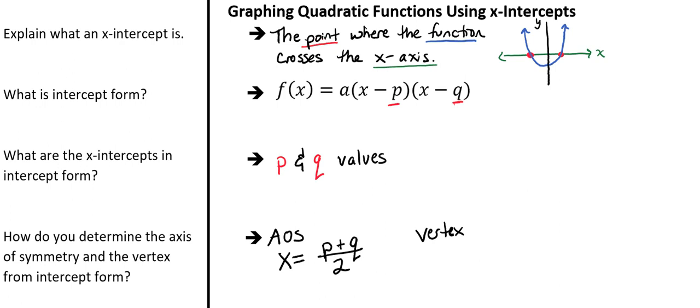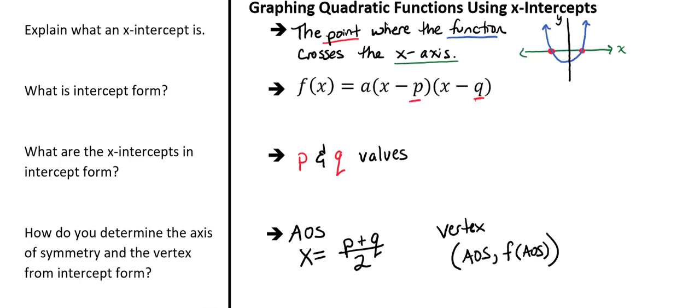And for our vertex, our x value is always our axis of symmetry, so I'm going to write AOS here. The y value is when we take our axis of symmetry and plug it in, so I'm going to write f of AOS. When we plug that in and get an answer, that becomes the y value of our vertex.